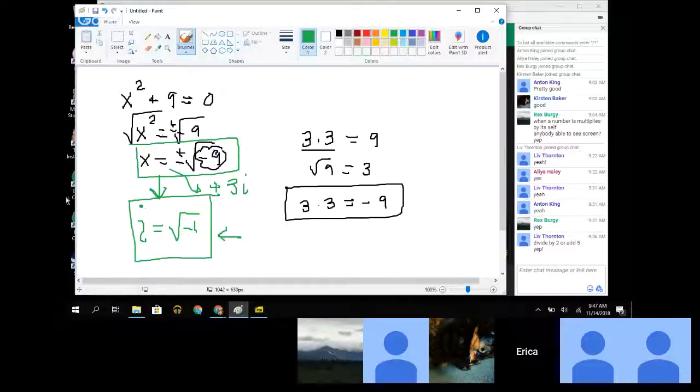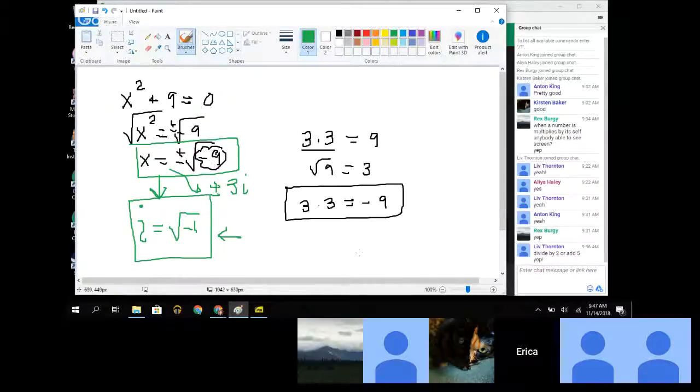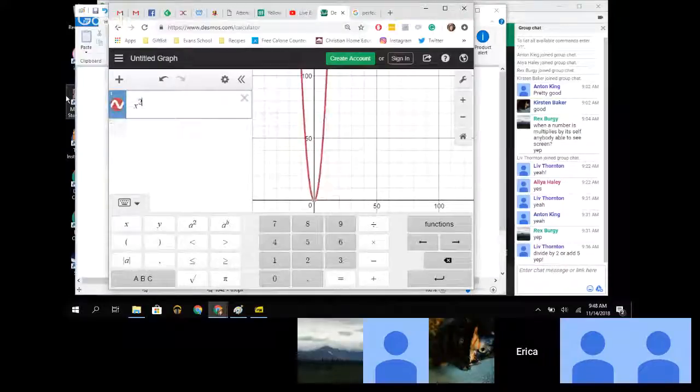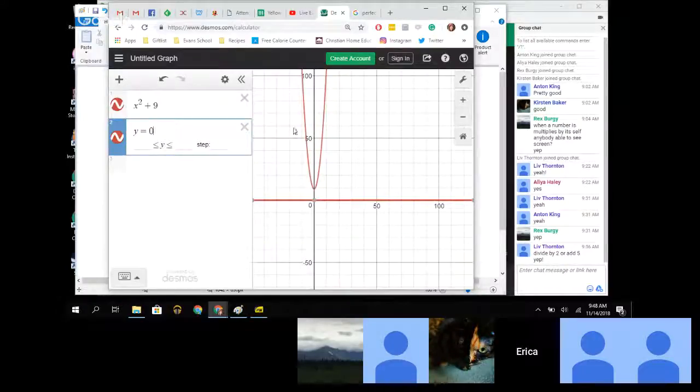Okay. And to bring that full circle, we were just talking about graphing. If I graph x squared plus 9 on my graph, and I want to know where that equals 0, my graph is up here, 0 is down there, and I have a big gap.